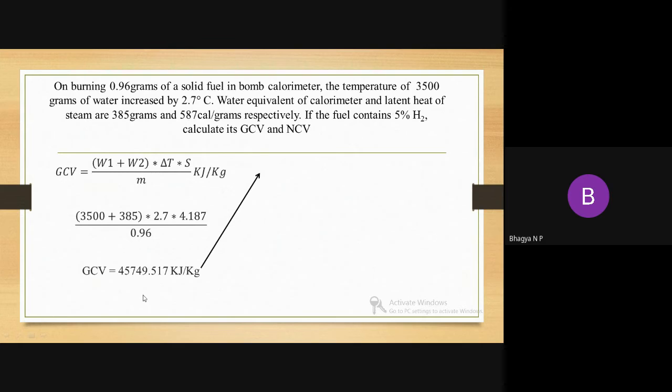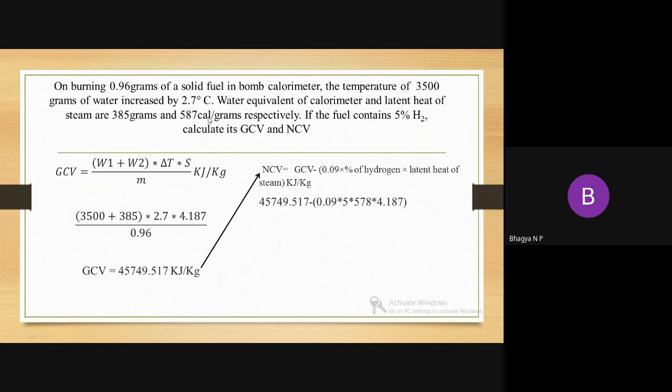So how to calculate NCV from the GCV? The formula is NCV is equal to GCV minus 0.01 into percentage of hydrogen into latent heat of steam. So substitute all the values. The GCV value we have already calculated, minus 0.01, the percentage of hydrogen is also given in the problem, and the latent heat of steam, 587 calories per gram, is given.